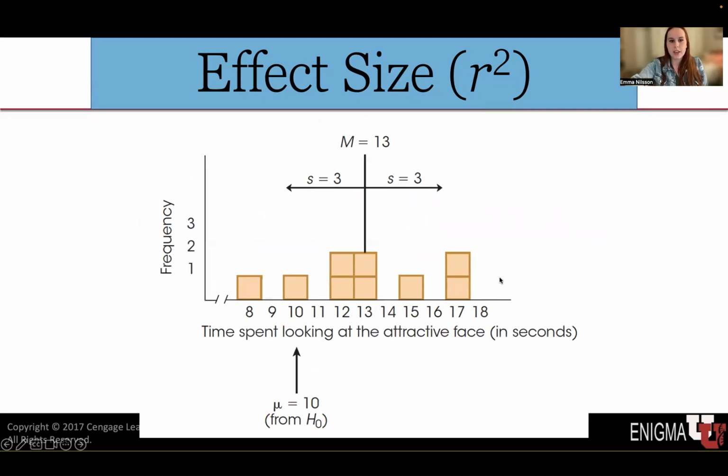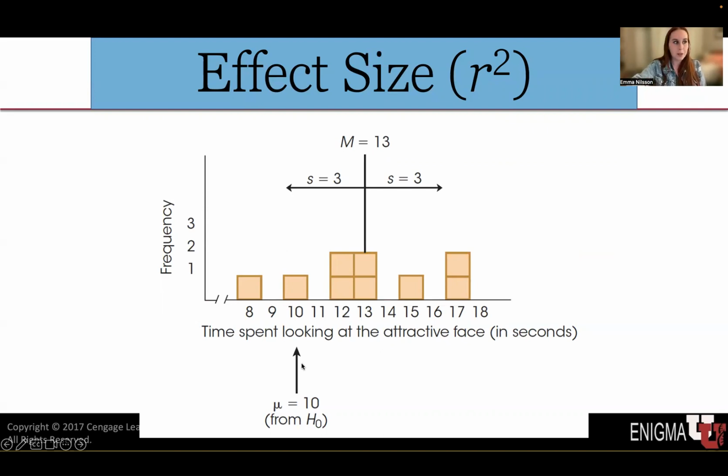So this distribution shows us that the null hypothesis said that the treatment, in this case the attractiveness of the faces, is going to have no effect on the infant's behavior. In other words, the null hypothesis said that the mean would be 10 seconds for each face.